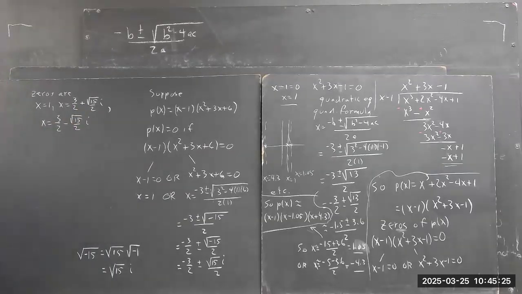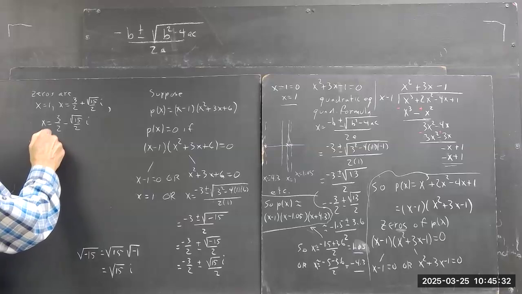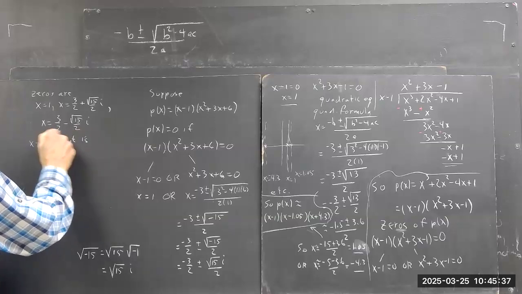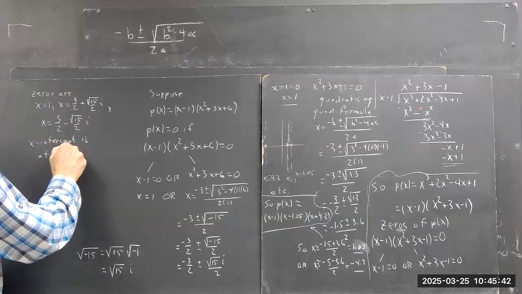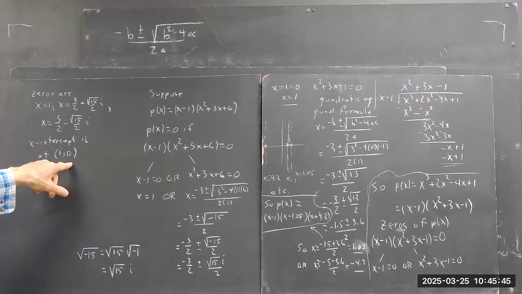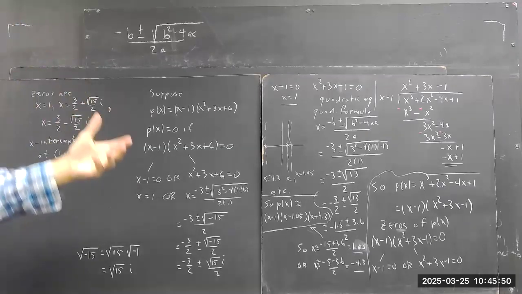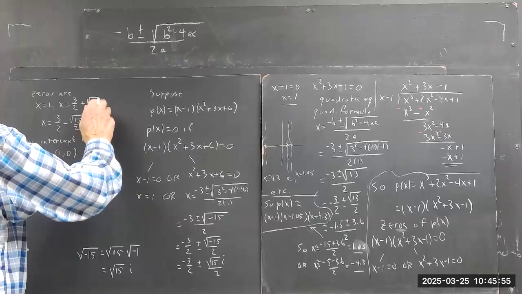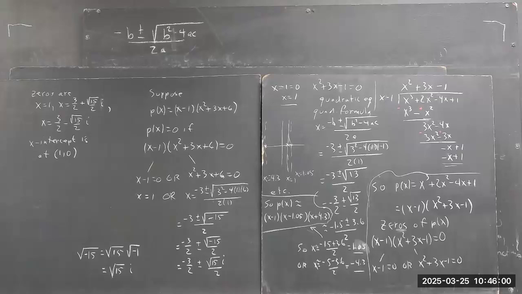The only x-intercept is at (1, 0), because these other two numbers are not real numbers, so you can't plot them as numbers on a graph of y versus x.